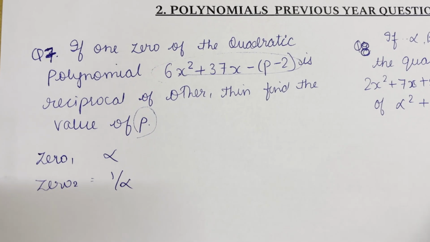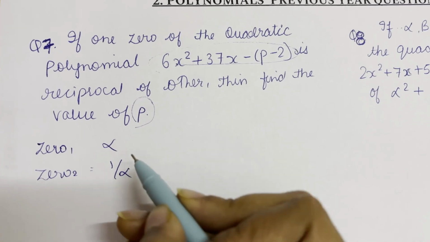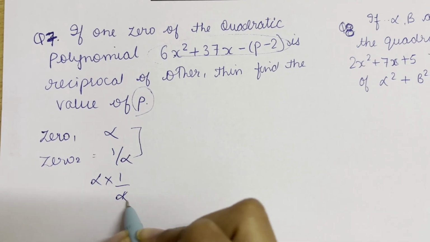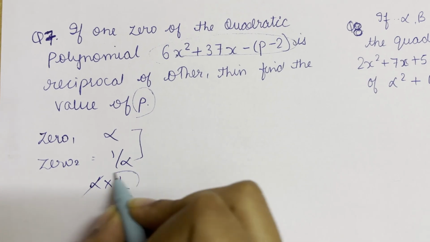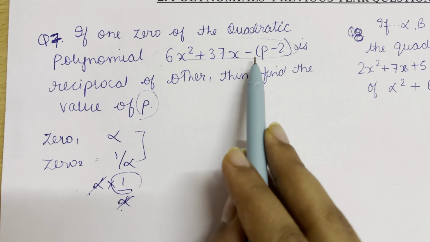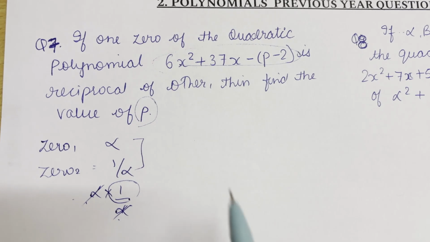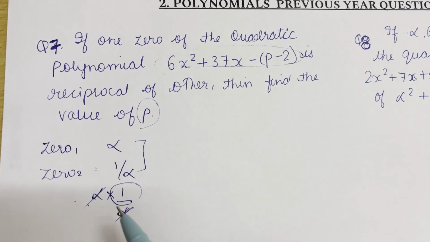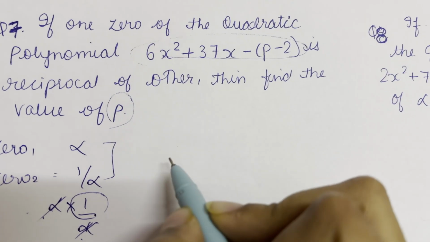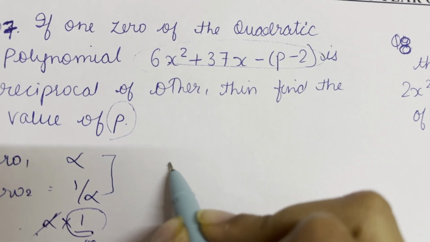So if we take the product of these two zeros, alpha into 1 by alpha equals 1, as alpha and alpha get cancelled. So we can equate the product of the zeros from this equation to 1. We know that the product of zeros of a polynomial is c by a.